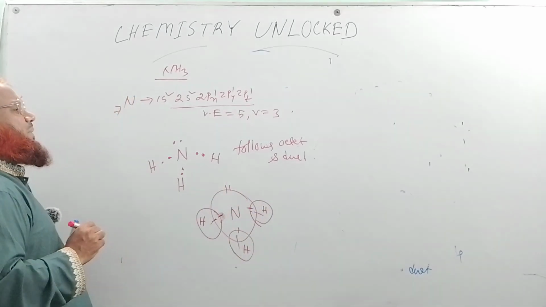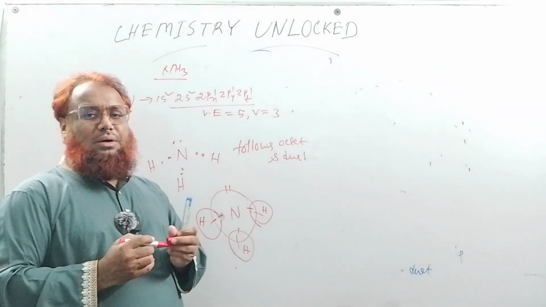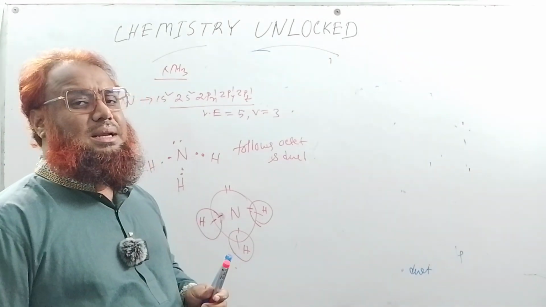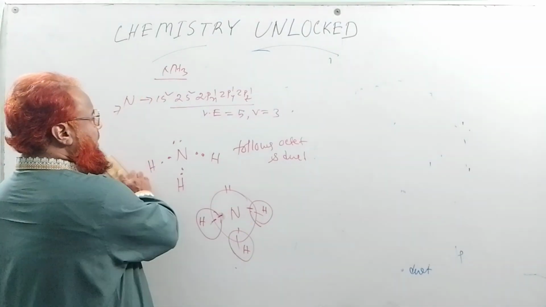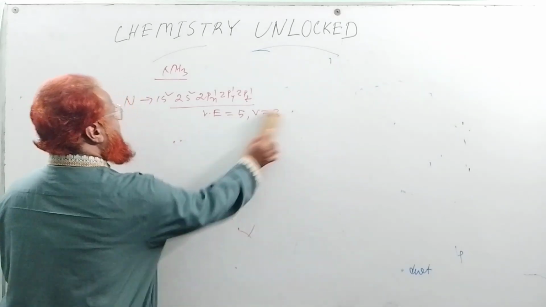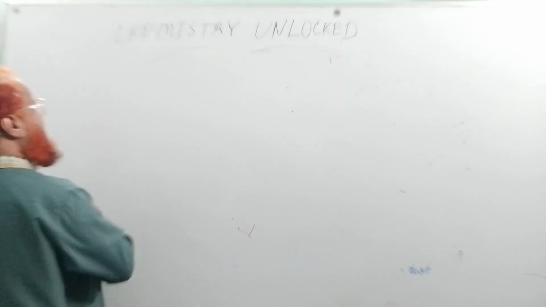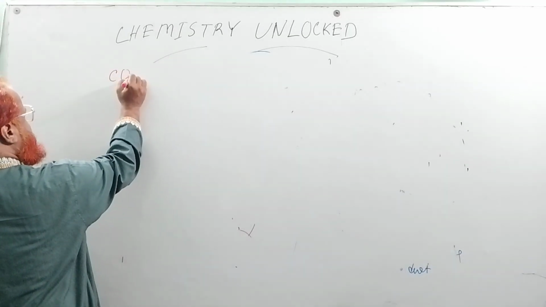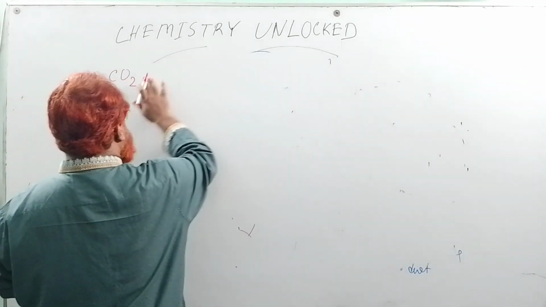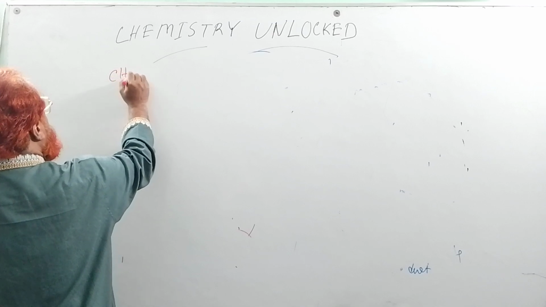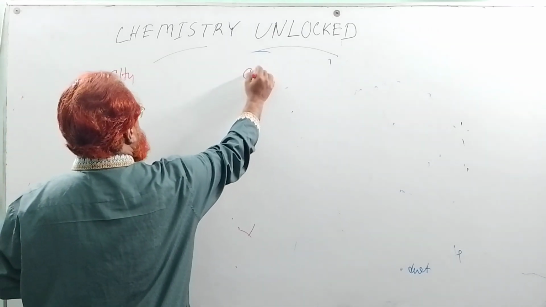So this is the orbit diagram of your NH3. Now we'll discuss the last diagrams or structures of covalent molecules for today's class, that is CO2 and CH4. Firstly CH4, then we'll draw CO2.